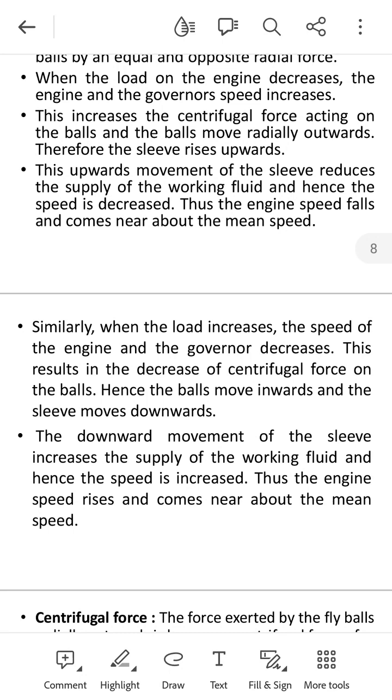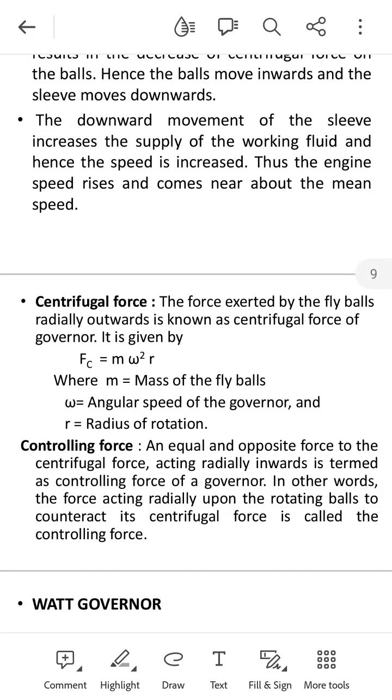Similarly, when the load increases, the speed of the engine and the governor decreases. This results in a decrease of centrifugal force on the balls, and the balls move inward and the sleeve moves downwards. The downward movement of the sleeve increases the supply of the working fluid and hence the speed increases. Thus, the engine speed rises and comes near the mean speed.